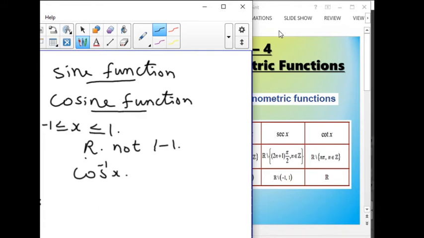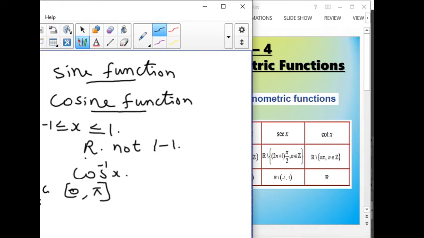Therefore, the domain is restricted. So the domain is restricted to 0 comma pi.